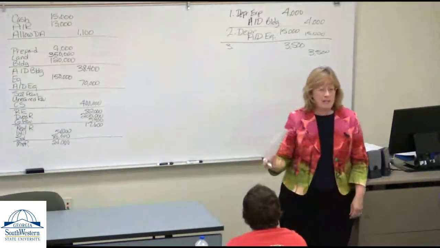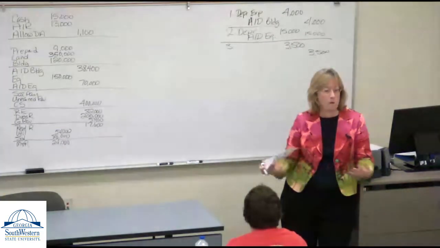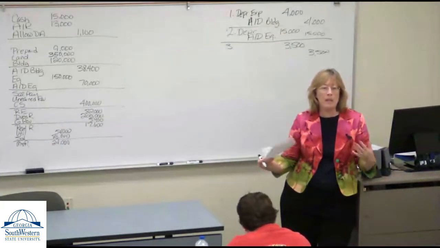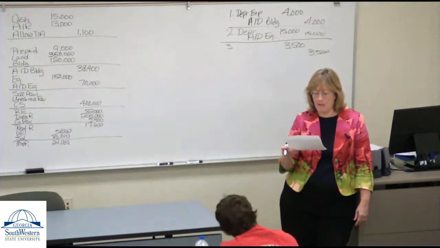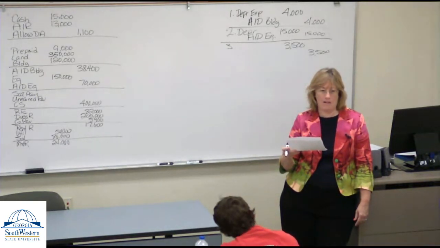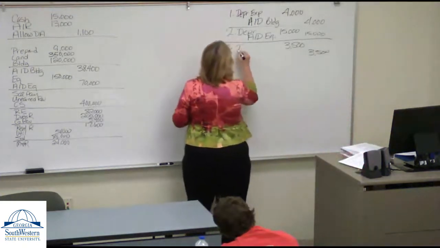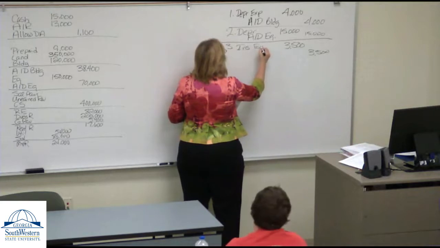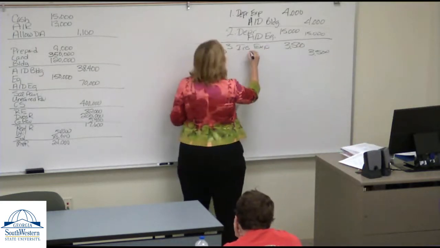Now, if they had given us the ending balance in prepaid, then we'd have to subtract to calculate it, right? But they gave us the answer. Now, all you guys have to come up with is the debits and credits. Debit insurance expense? Okay, so we're increasing the expense, and we're going to credit the prepaid.